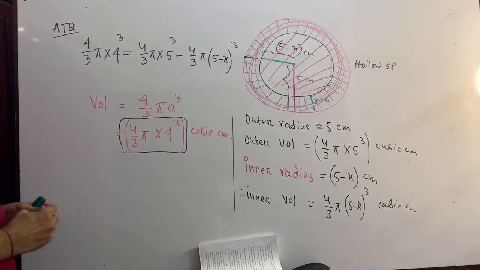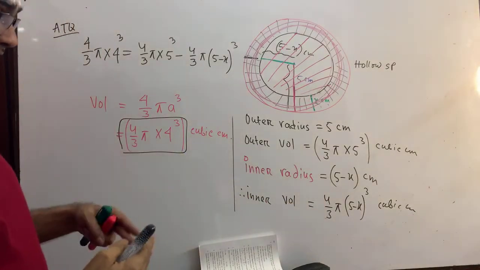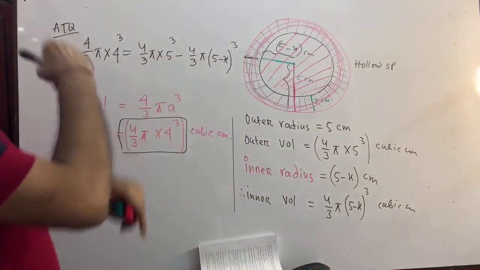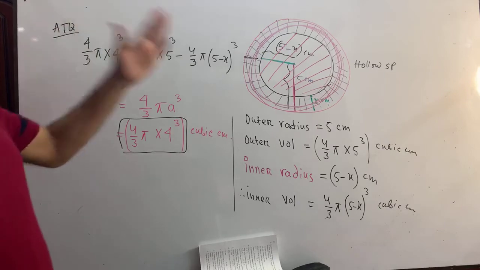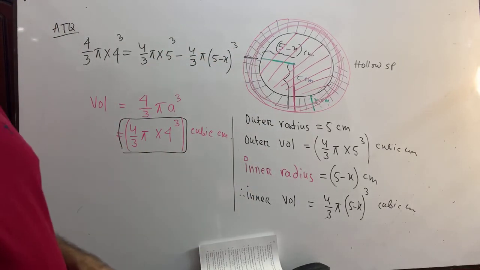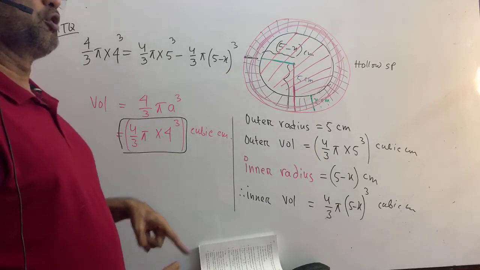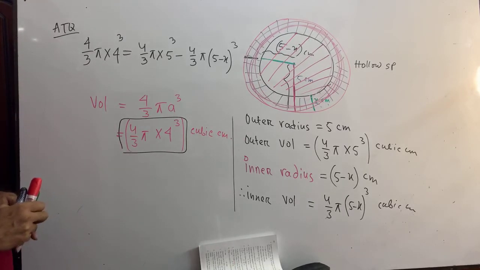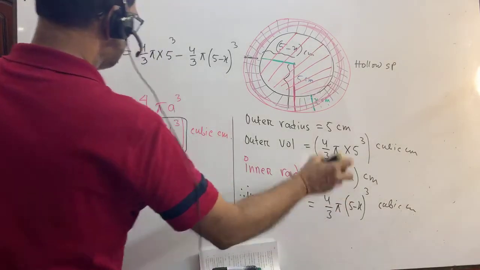I think you have got it. Outer volume minus inner volume is equal to the volume of the iron used in the hollow sphere. I repeat, and that iron was obtained by melting the first solid sphere. Okay, now let's calculate.